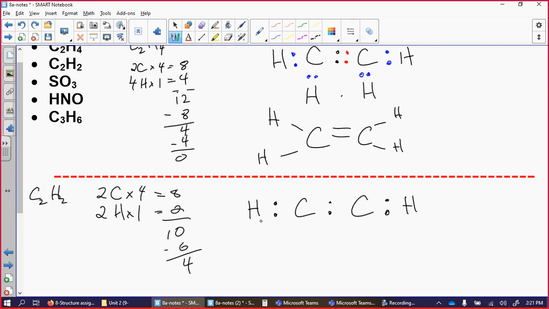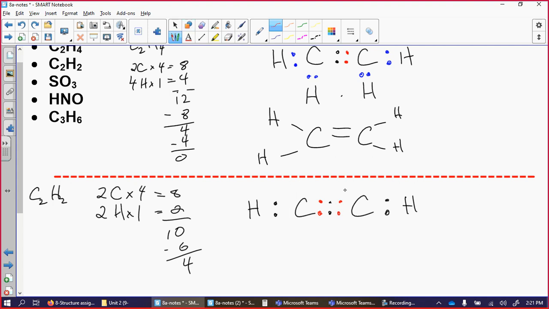This carbon has 4, this carbon has 4. I can't put 8, I only have 4 left. So where do the other 4 have to go to make everything happy? Around between the carbons. So 1, 2, 3, 4.